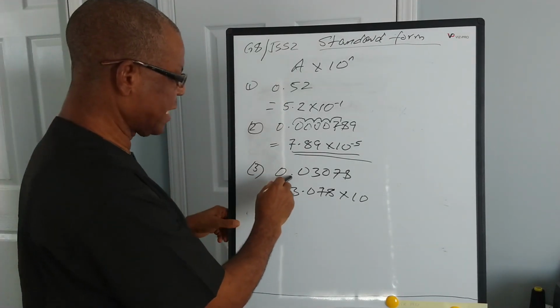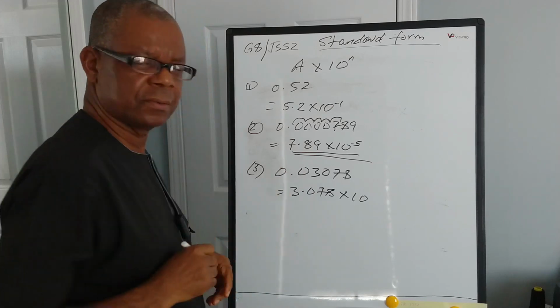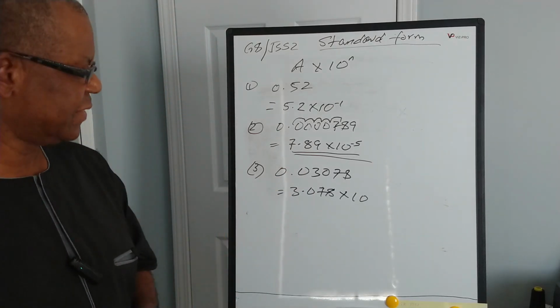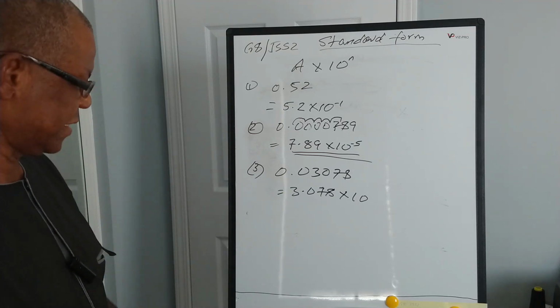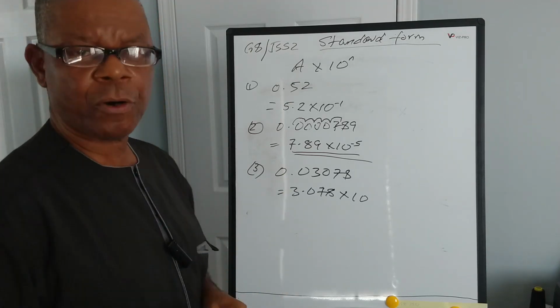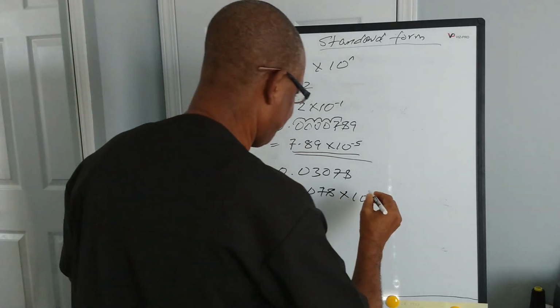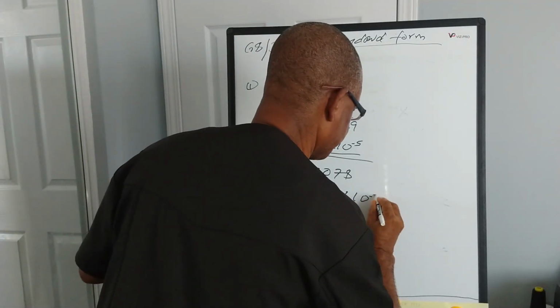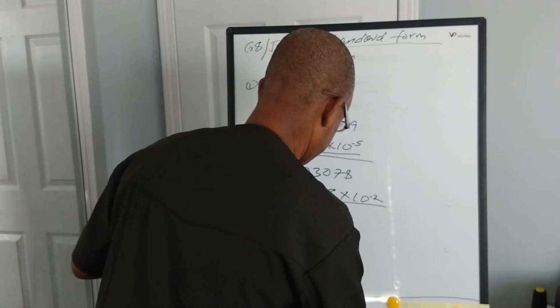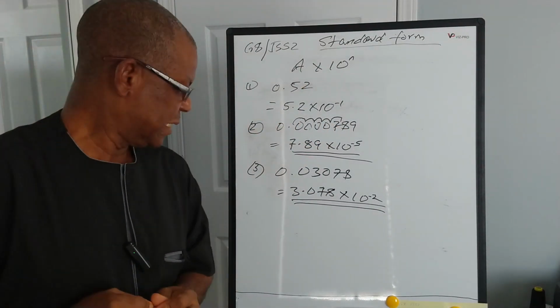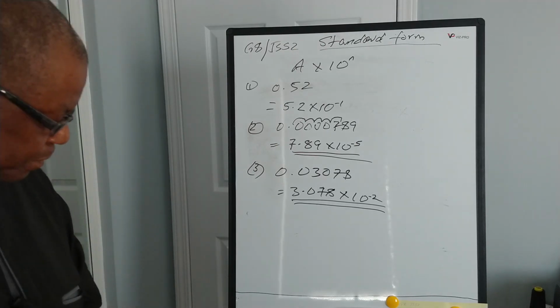This decimal point has moved 2 places to the right. I told you to the right is negative, while to the left is positive. So this becomes 3.078 times 10 raised to power minus 2.